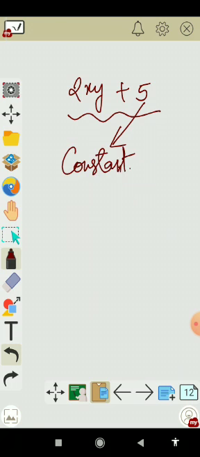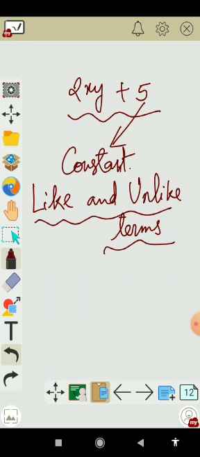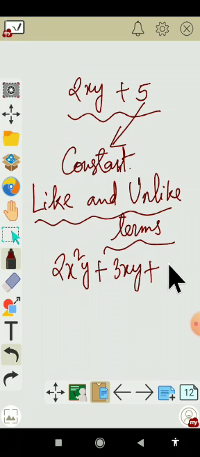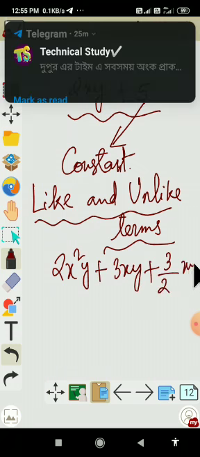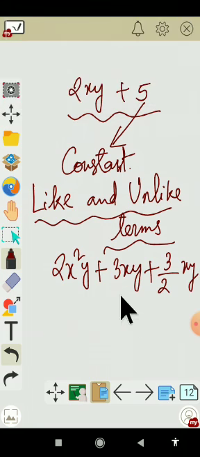And like and unlike terms. So what are like terms? If in an algebraic expression two terms contain the same variables, suppose 2x square y, 3xy plus 3 by 2 xy is there, so here 3xy and 3 by 2 xy are like terms.